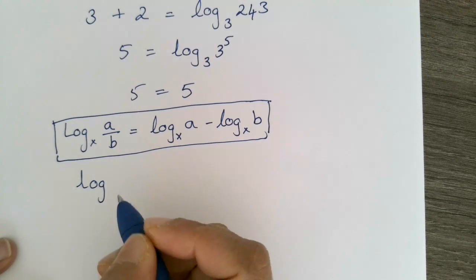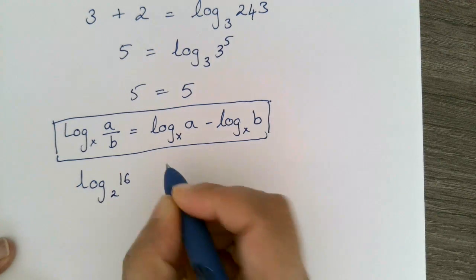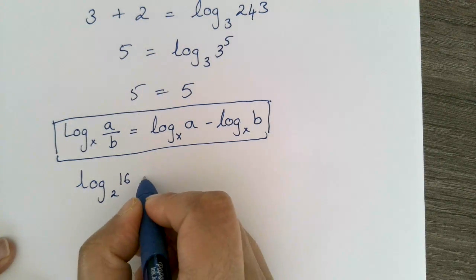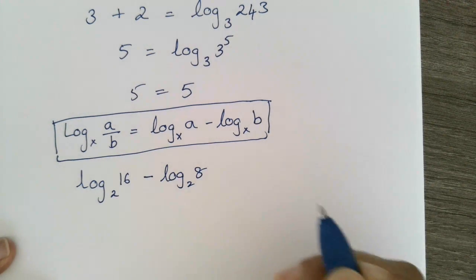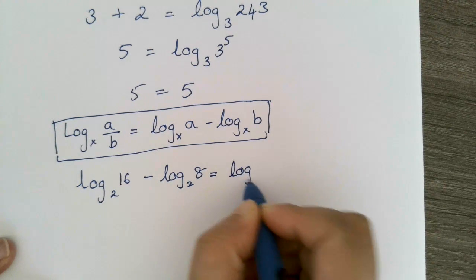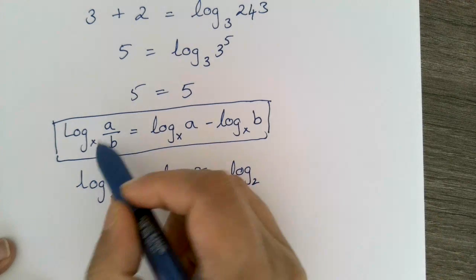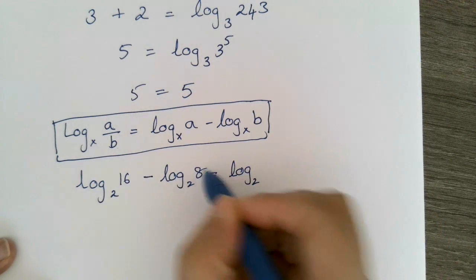Log base 2 of 16 minus log base 2 of 8 can be written as log base 2 of 16 divided by 8, the quotient of these two numbers.